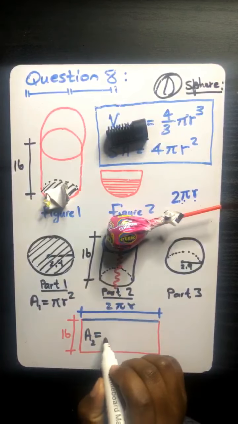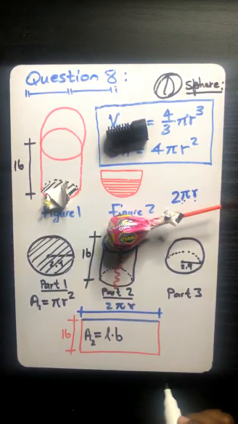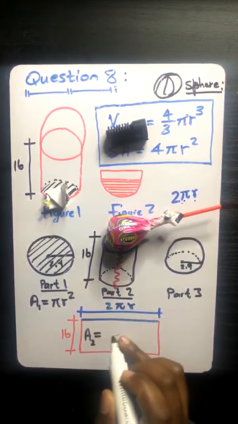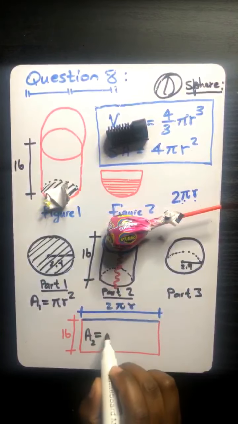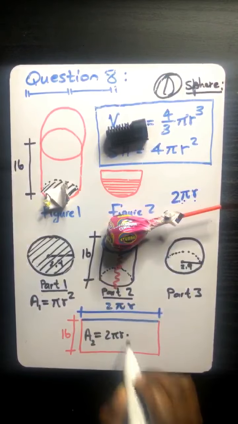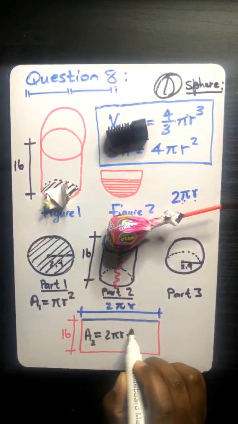Is it not length times breadth? Yes, but now what is the length here? Is it not 2 pi r times, isn't your other side h?